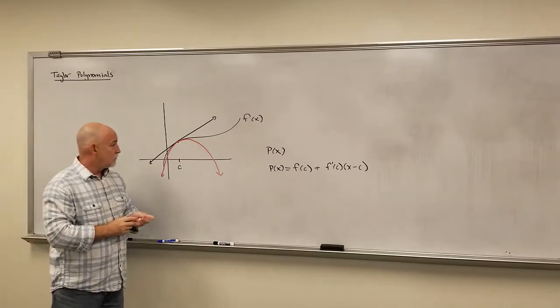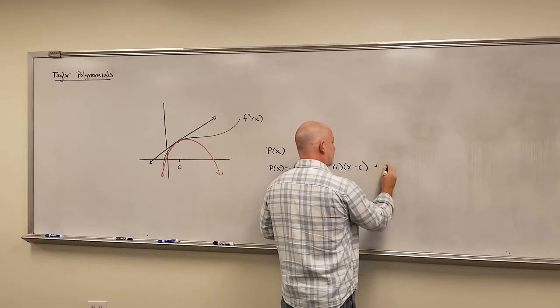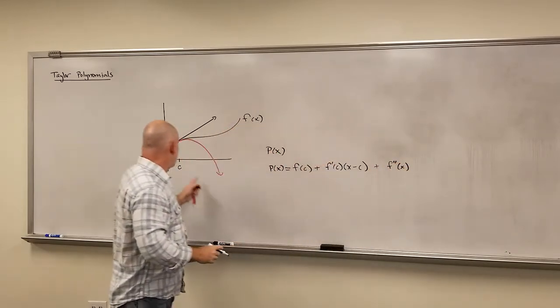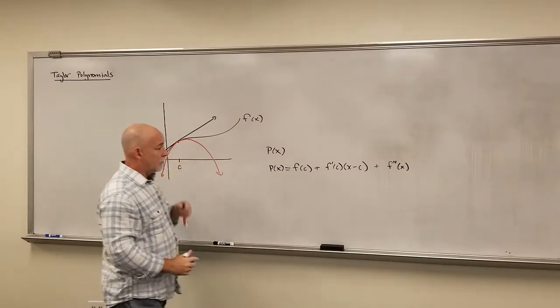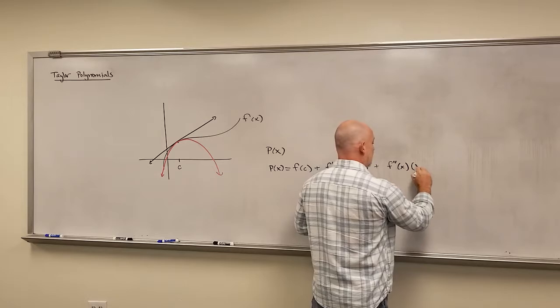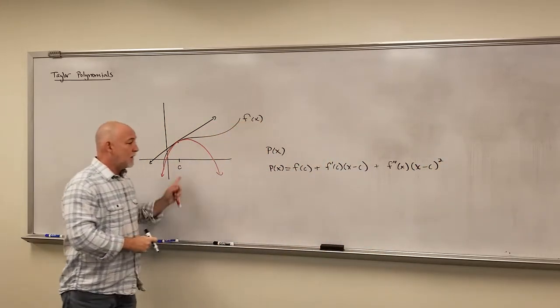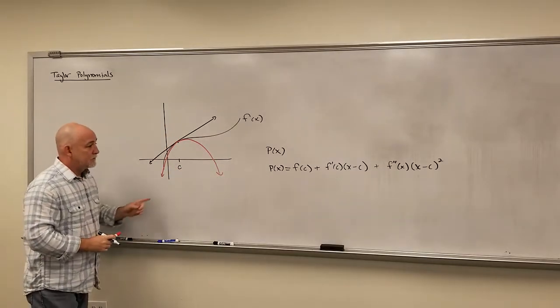So the next term, since we're talking about concavity, would have to do with the second derivative. Since now we're using a parabola, or a quadratic, this next piece would be a squared term. Again, I want that to go away at c because I just want it to have that value at c, so I'll make it x minus c.